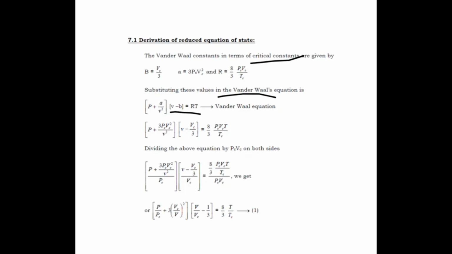That is the van der Waals equation. R is the universal gas constant, T is the temperature, and V is the molar volume, the volume per mole. P is the pressure.